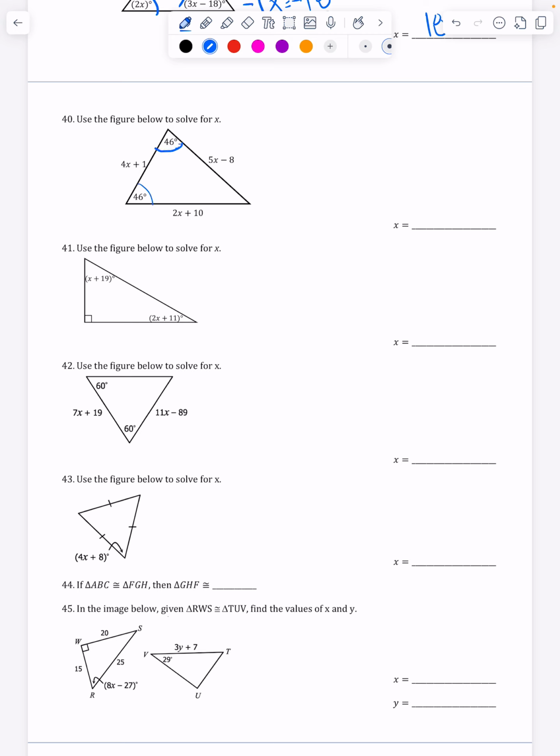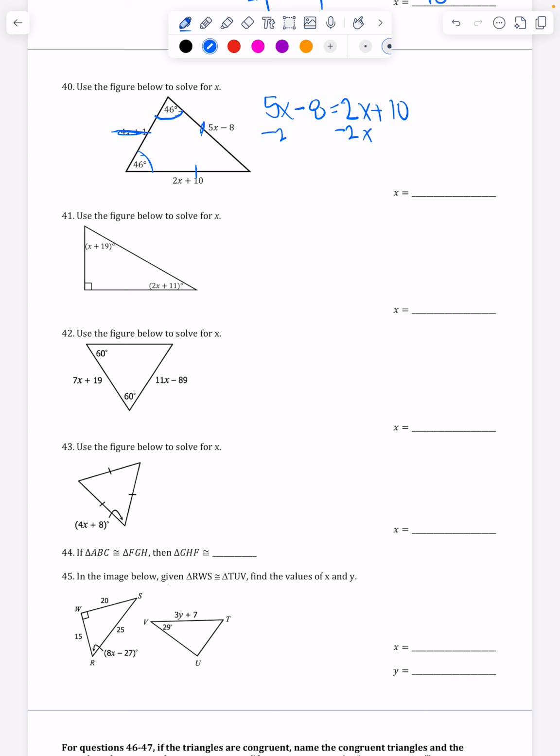So I'm going to ignore this 4x plus 1, and I'm just going to do 5x minus 8 equals 2x plus 10. Minus 2x, and get 3x minus 8 equals 10. Then I'll add 8 to both sides and get 3x equals 18. Divide by 3, and x equals 6.